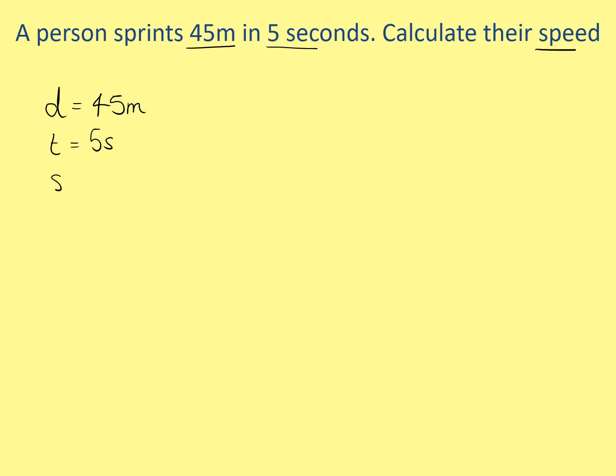S equals question mark. The equation is that speed is equal to distance divided by time. Speed is equal to 45 divided by 5. So the speed is 9 metres per second. And this means that that person is travelling 9 metres every second, which is incredibly fast.